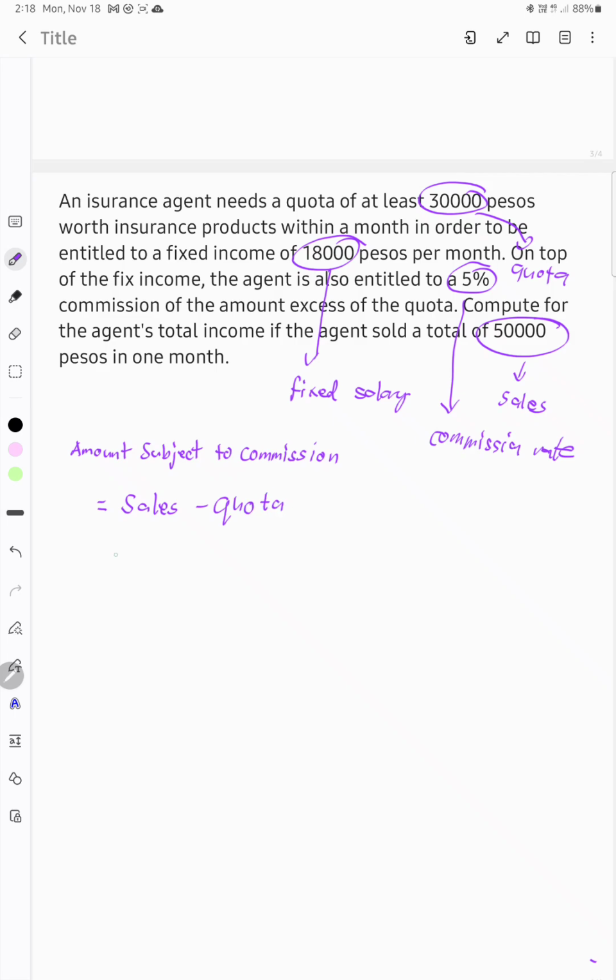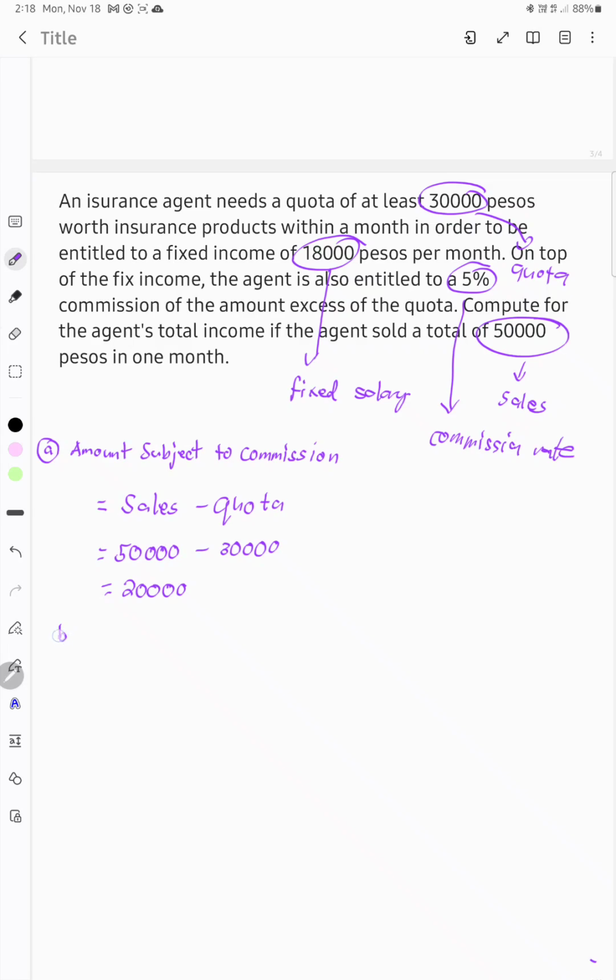The total amount of sales is 50,000, minus the quota, which is 30,000. So therefore, we have 20,000. That is the amount subject to commission, where we are going to get the 5%.